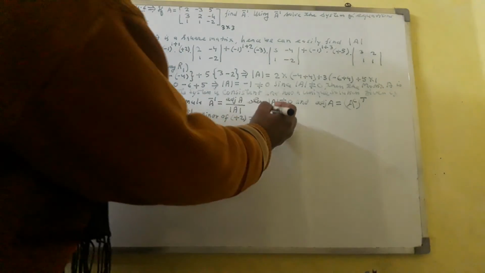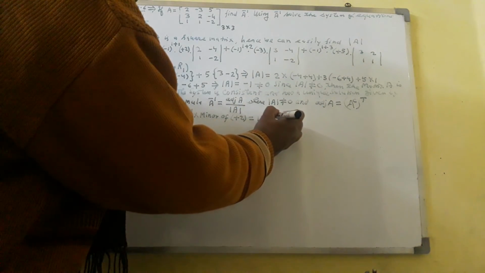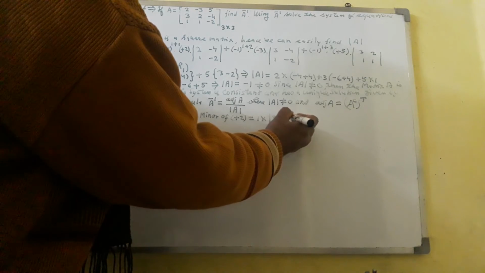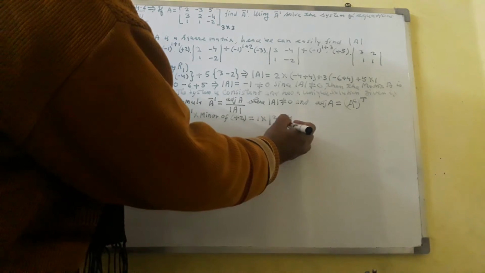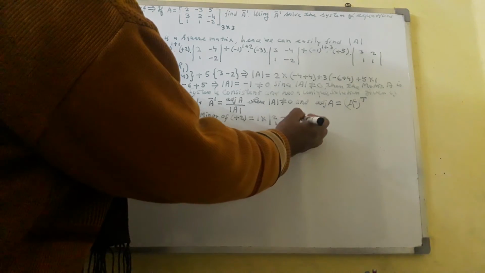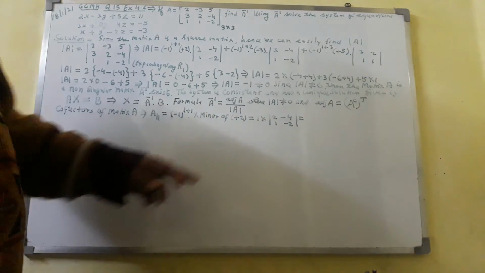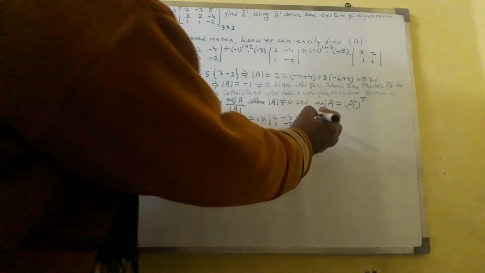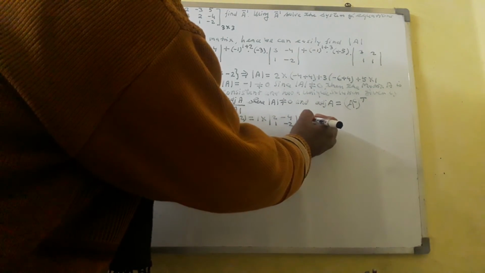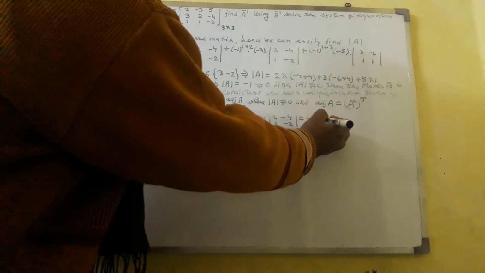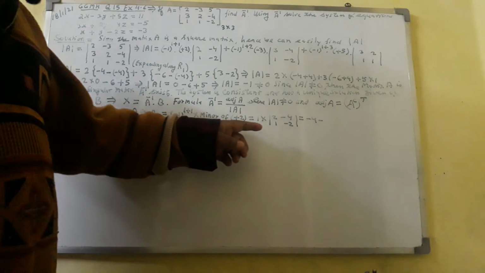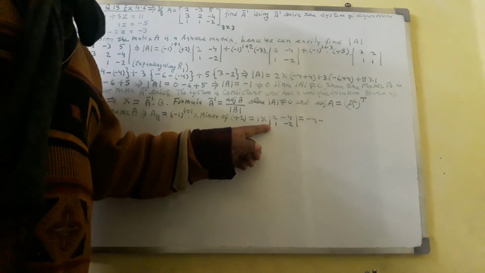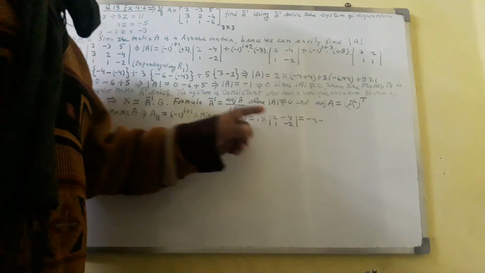So here write the minor as 2 minus 4, 1 minus 2. Just simplify there. 2 will multiply to -2, comes out to -4, minus the elements of the reverse diagonal, 1 and -4 will multiply together.